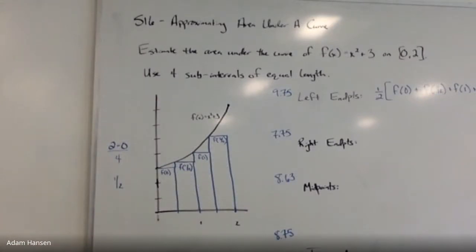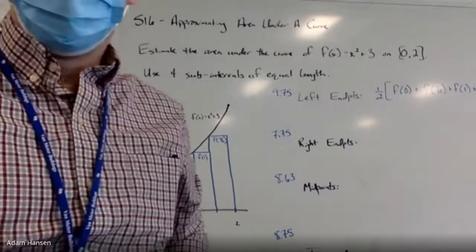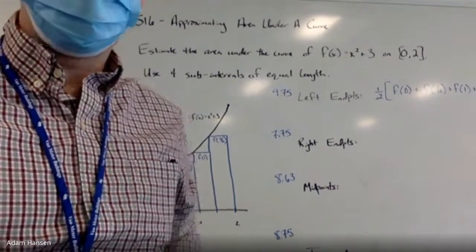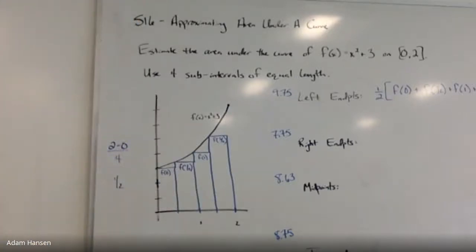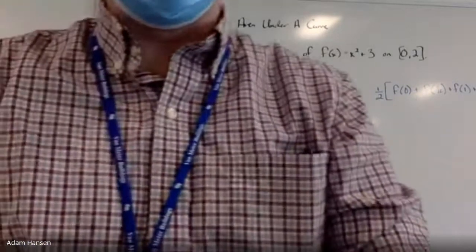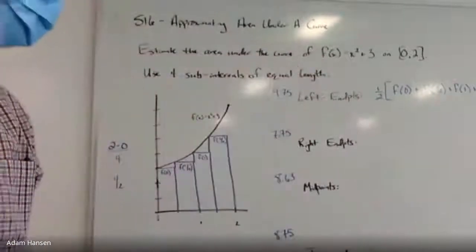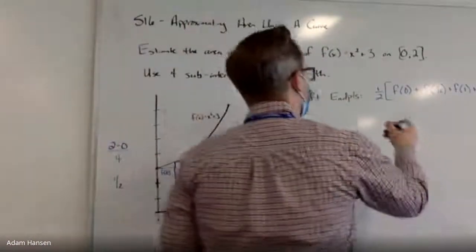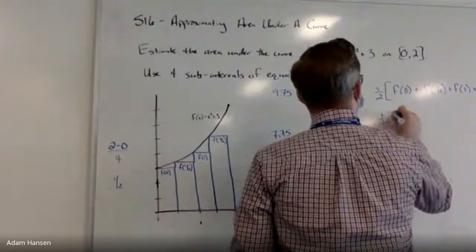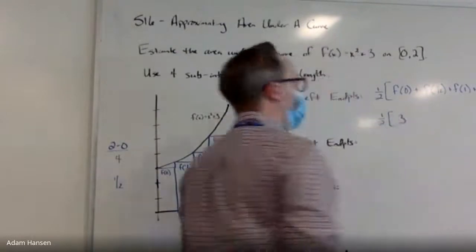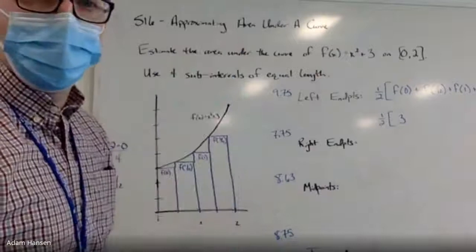Okay. Let me pull up my calculator here and let's get some of these values identified. F of 0, what is 0 squared plus 3? Let's substitute 0 into our given function. It should be 3. All right, let's do the same thing with 1/2.